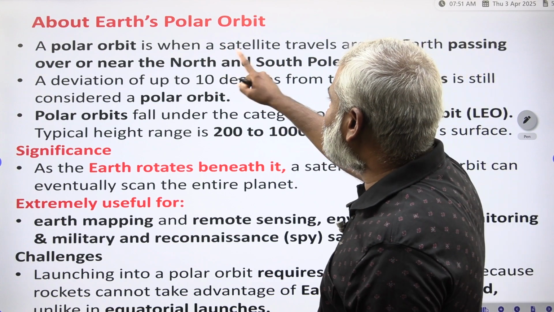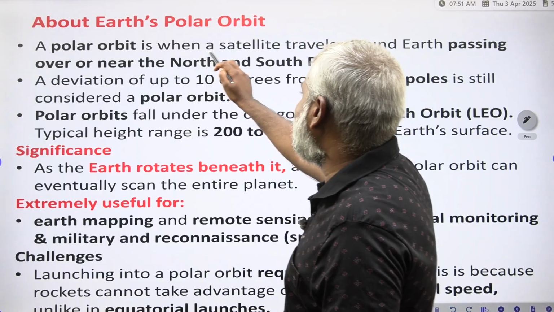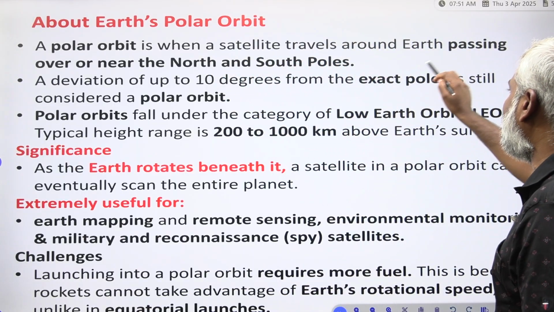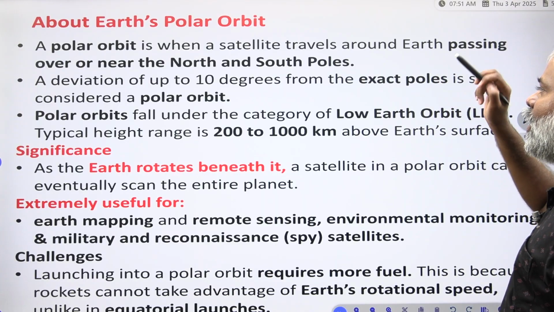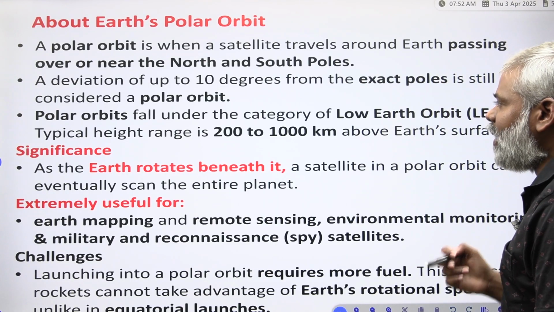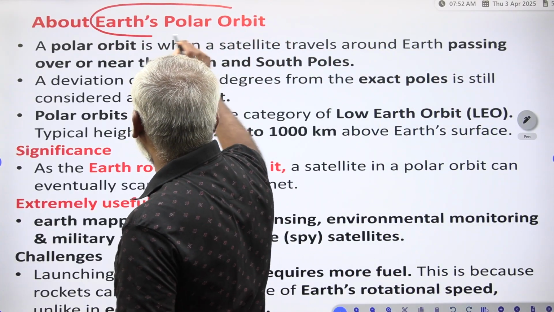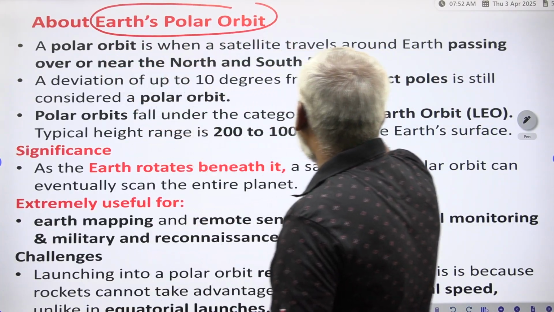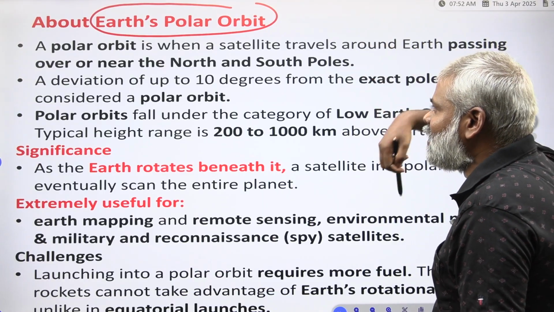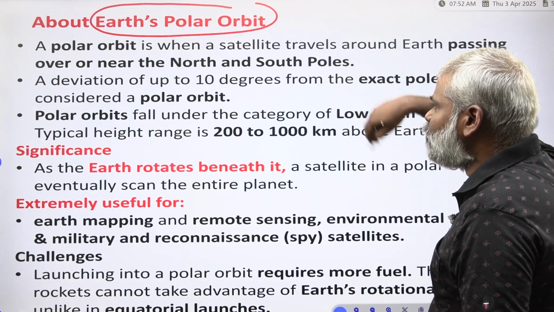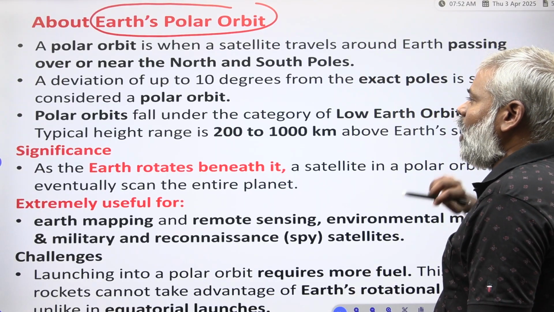About Earth's polar orbit, a polar orbit is when a satellite travels around the Earth passing over or near the north and south pole. Such a type of orbit we call an Earth polar orbit.